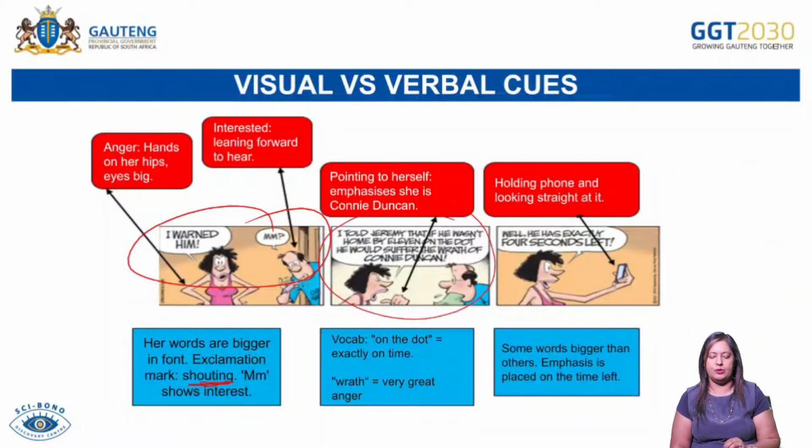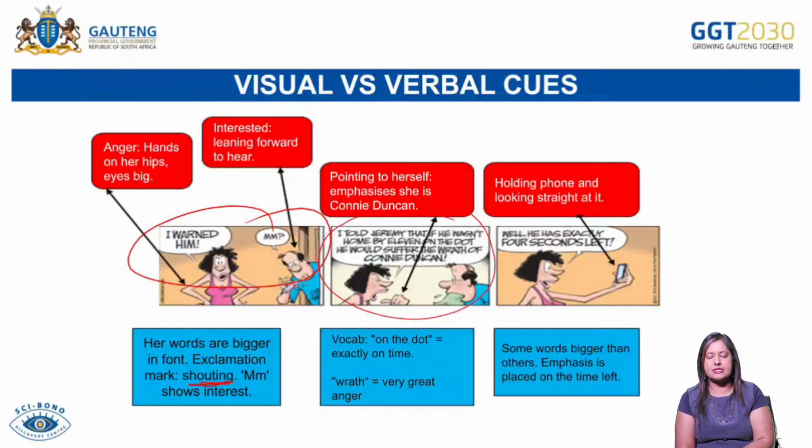Then the vocab, look at "on the dot." That is showing us that at that precise moment, she expected a response. The word "wrath." So the diction, the choice of words being used here, is to showcase her wrath or anger towards her son not listening to her. Right? Very great anger, the word wrath. That's what it means there. Then look at the next frame, frame 3. "Well, he has exactly 4 seconds left."